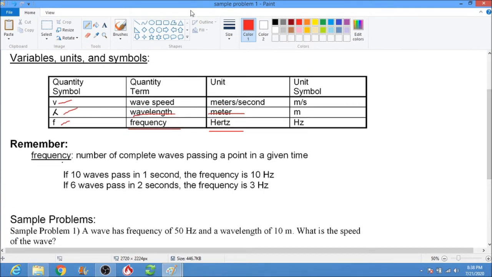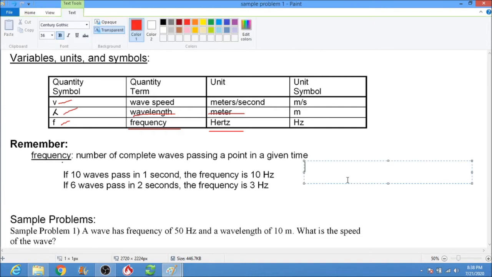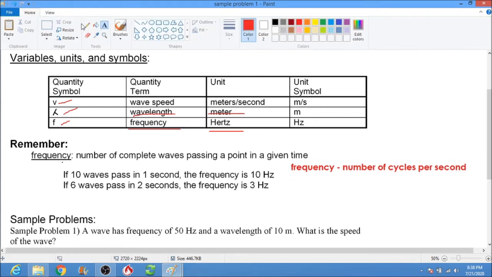So let's discuss frequency. Frequency is the number of cycles per second. If 10 waves pass in 1 second, then that is 10 cycles divided by 1 second, and that is 10 hertz.